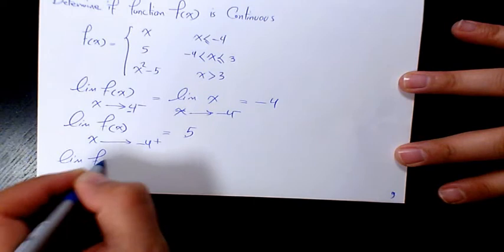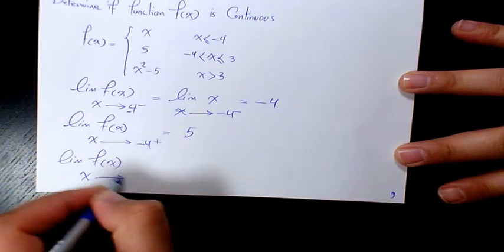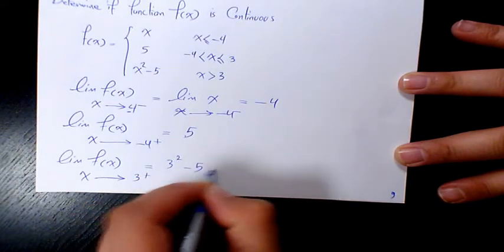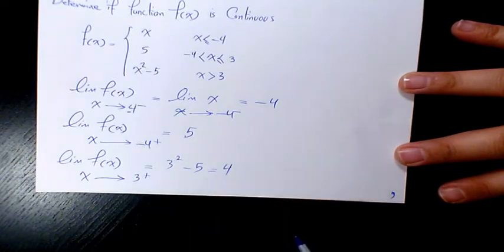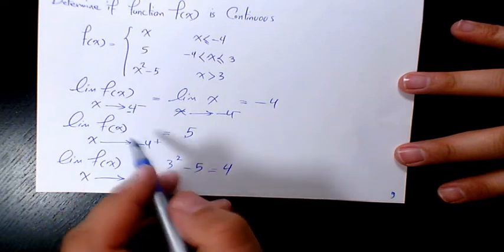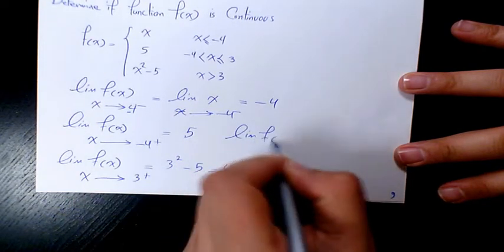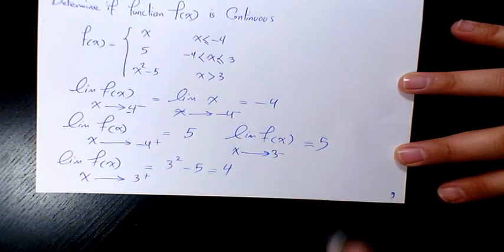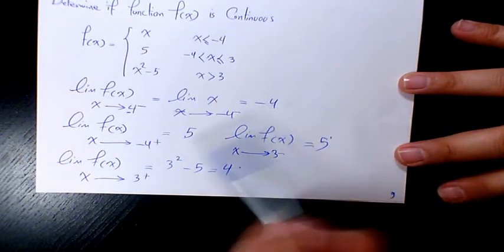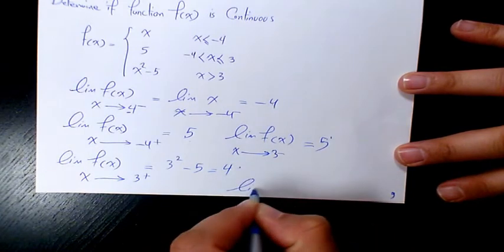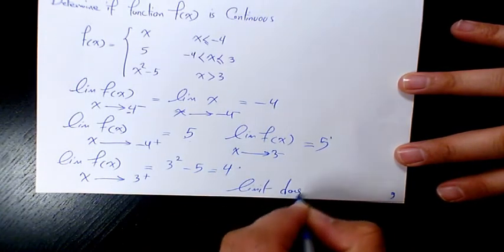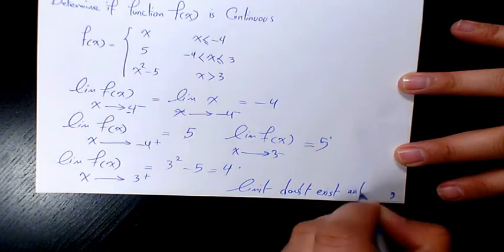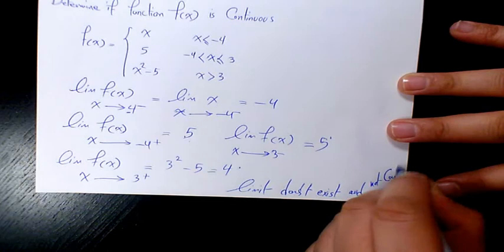The limit of f of x when x is approaching 3 from the positive side is going to be 3 squared minus 5, that's 9 minus 5, which is 4. And the limit of f of x when x is approaching 3 from the left is going to be 5 as well. So these two are not equal, so the limit doesn't exist and it's not continuous.